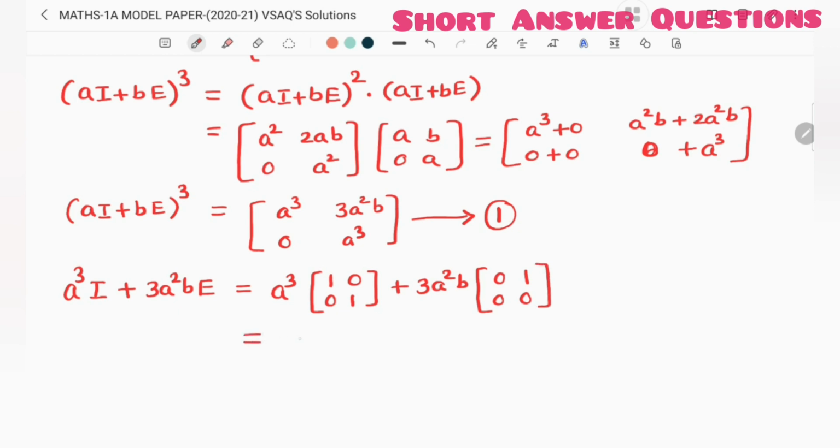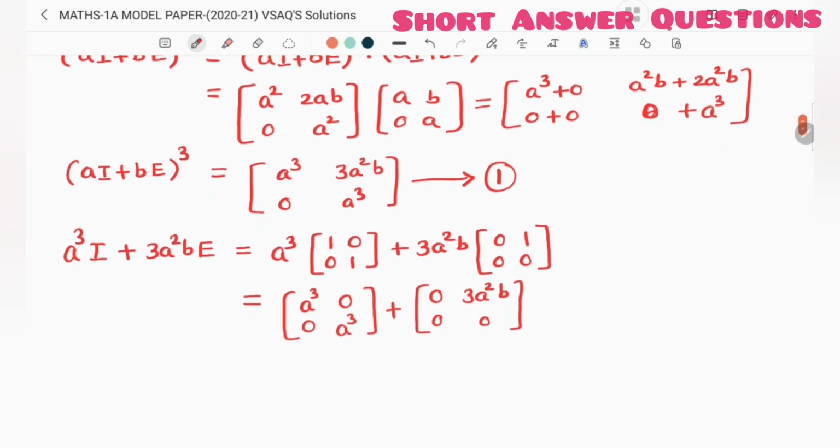Which is equal to a cube into 1, a cube, 0, 0, a cube, plus [[0, 3a square b],[0, 0]].